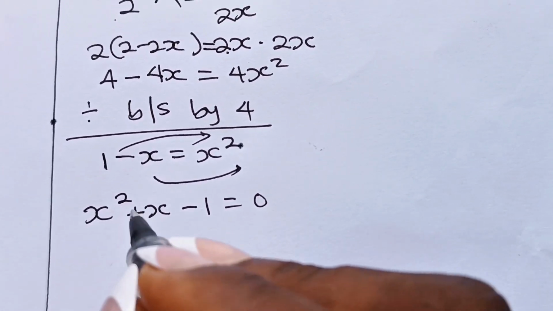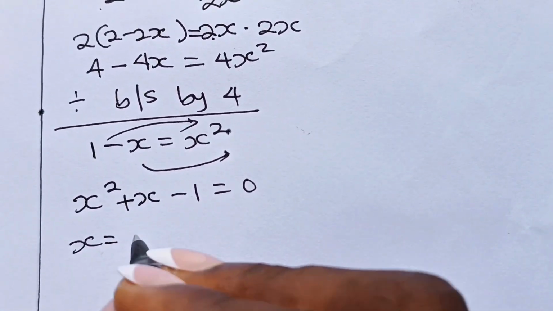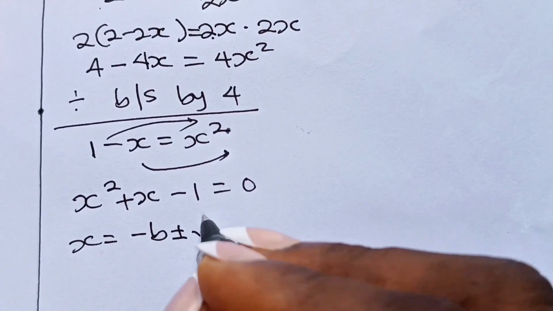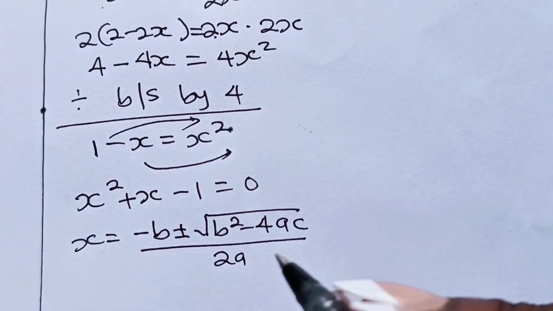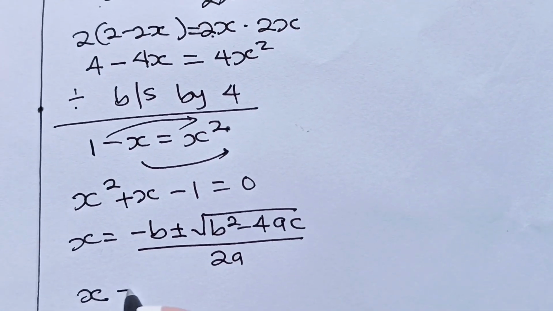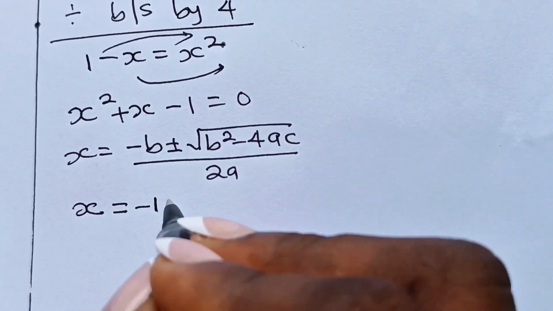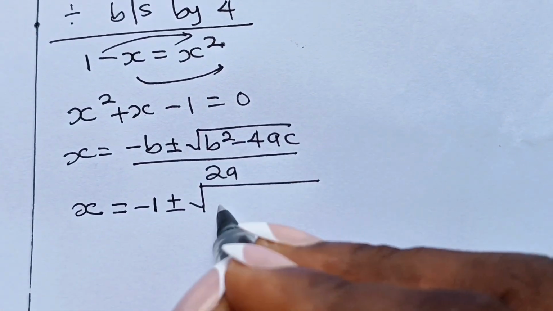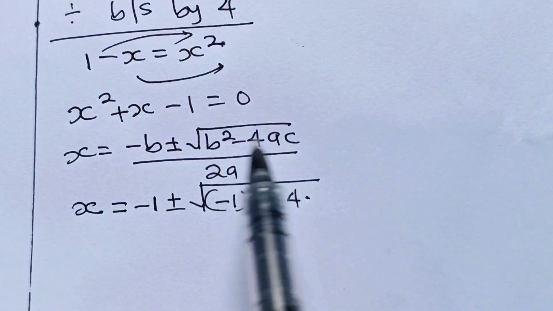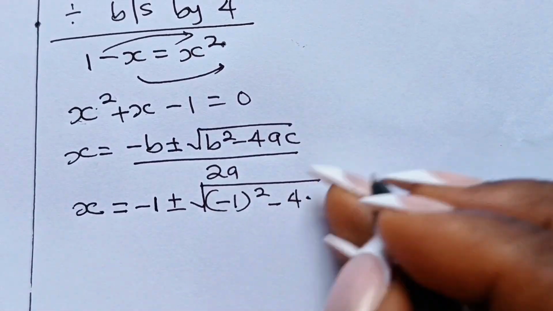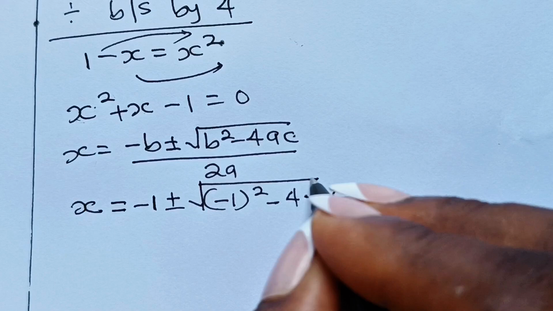Now let us solve this using the quadratic equation formula that states that x is equal to minus b plus or minus square root of b squared minus 4ac, everything divided by 2a. So x is equal to, b is the coefficient of x, which is 1. So we have minus 1 plus or minus square root of 1 squared minus 4 multiplied by, a is the coefficient of x squared, which is 1, and c is the constant, which is minus 1.